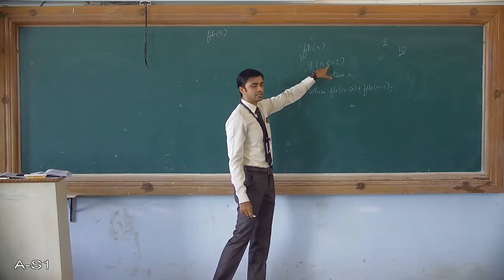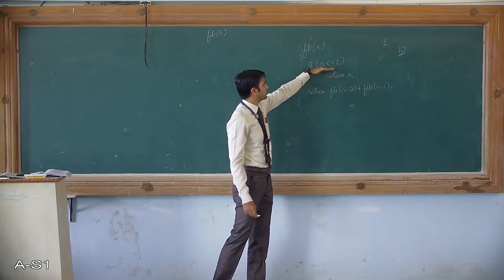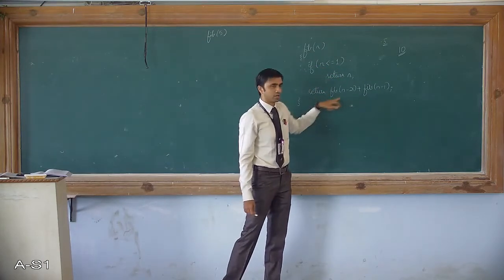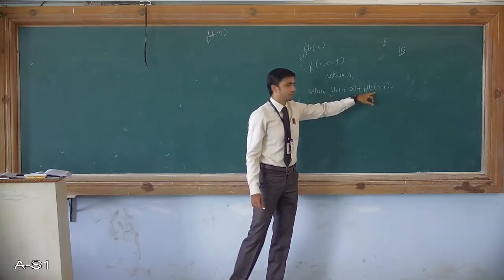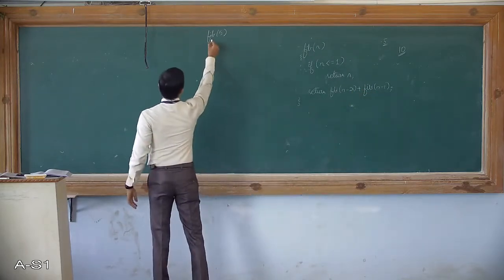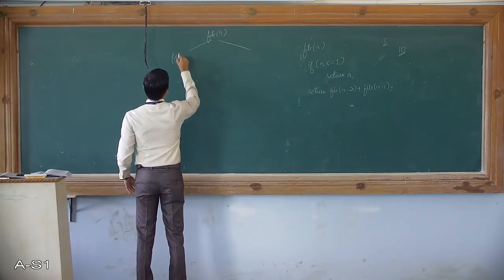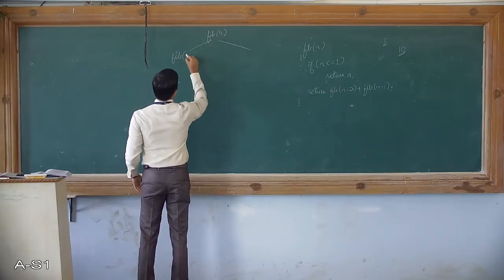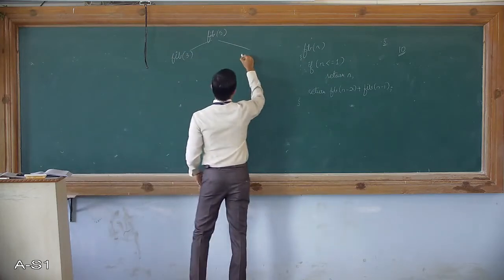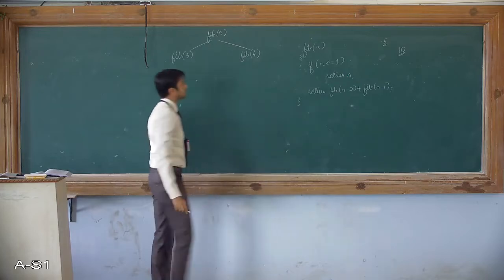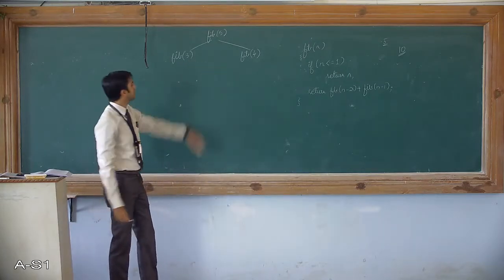Is n less than or equal to 1? No, this condition is false, so it will come over here. This Fibonacci function is called recursively for n minus 2 plus n minus 1. So it's going to be fib of n minus 2, 5 minus 2 is 3, and here it will be fib of 4. N minus 1 is 4.